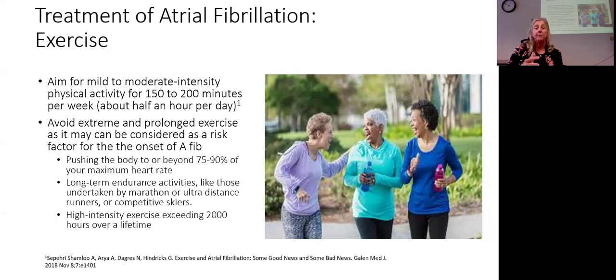So pushing the body beyond 75 to 90% of your maximum heart rate, long-term endurance activities like those undertaken by marathon running and people who run across the United States, ultra distance runners, or competitive skiers, high intensity exercise exceeding 2,000 hours over a lifetime.